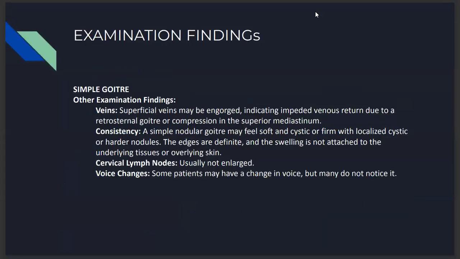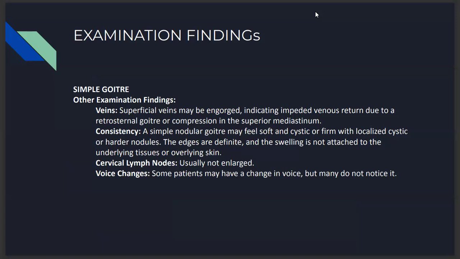Simple goiter, other examination findings. The veins: superficial veins may be engorged, indicating impeded venous return due to retrosternal goiter or compression in the superior mediastinum. Consistency: a simple nodular goiter may feel soft and cystic or firm with localized cystic or harder nodules.